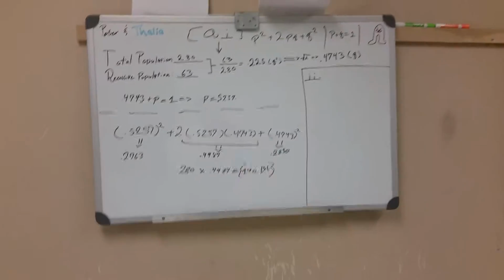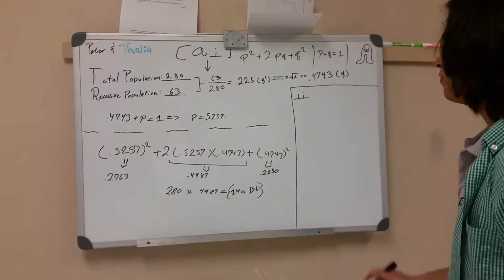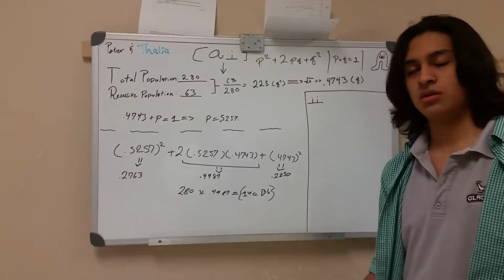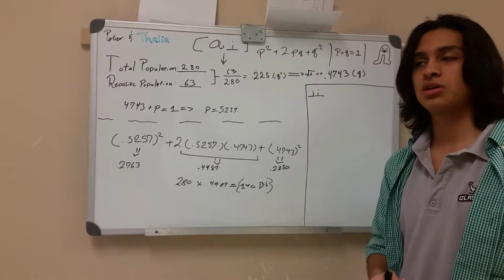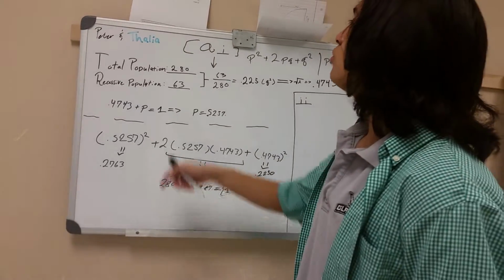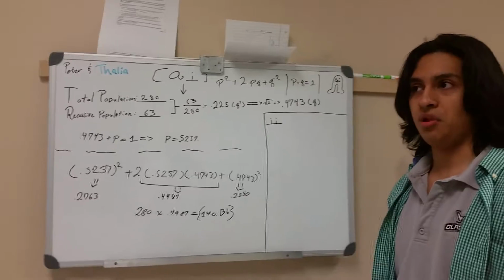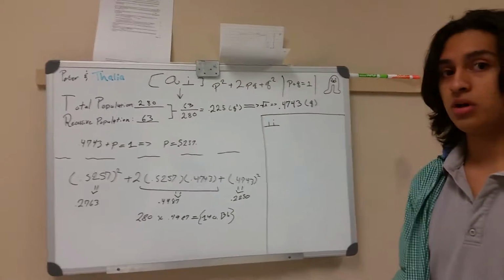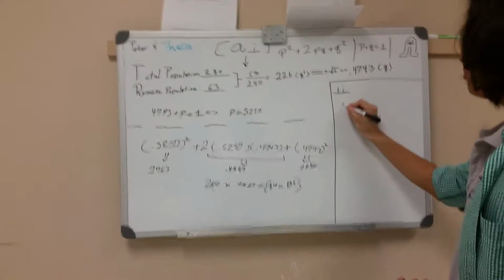Now, for the second part of the A question, this question is asking us, out of the whole population, we have to find out the actual expected value of the heterozygous genotype. You could do a proportion to find out this number, but we were already told, excuse me, that this population was heterozygous, so that would be 140.